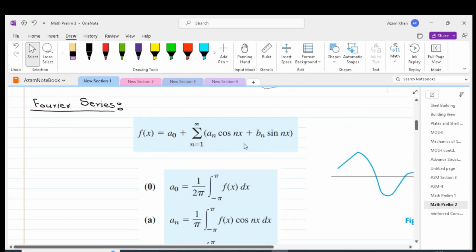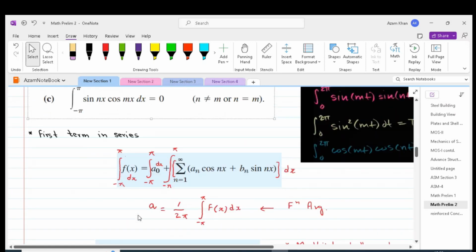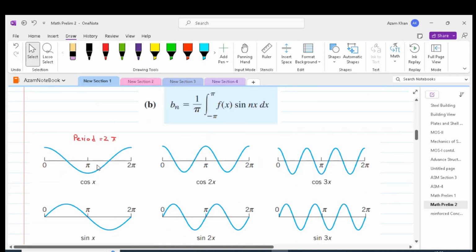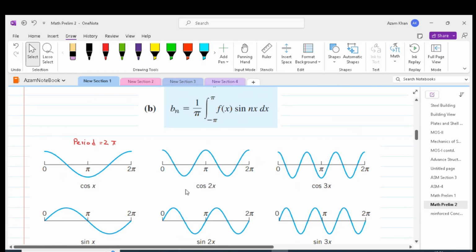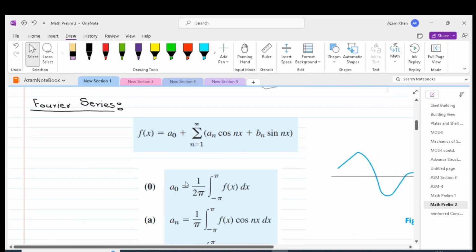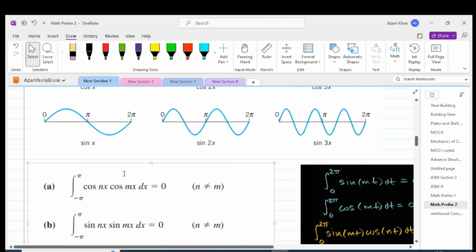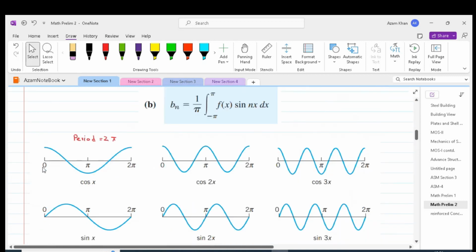In the case of the Fourier series, it is important to appreciate that the trigonometric functions which make up the Fourier series have a period between 0 and 2 pi. Therefore, all these trigonometric functions make up what's called a trigonometric system.